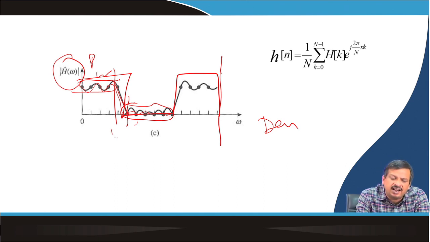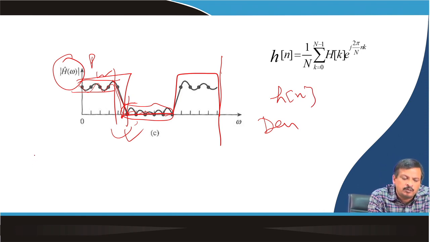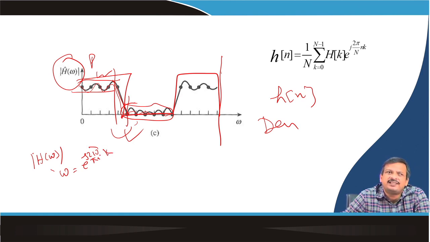So how do I design this one? How do I derive this h of n? The method is very simple. First, from the given specification, we draw the mod of H omega and then sample it, where omega is e to the power j 2 pi by N into k.